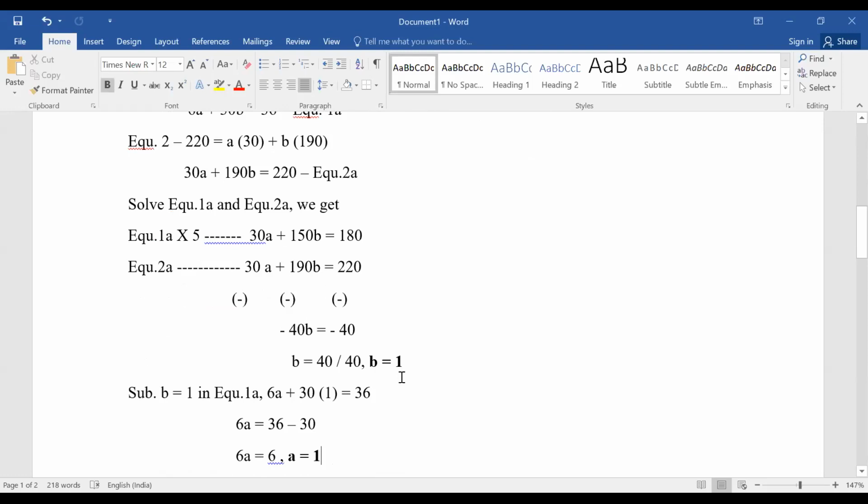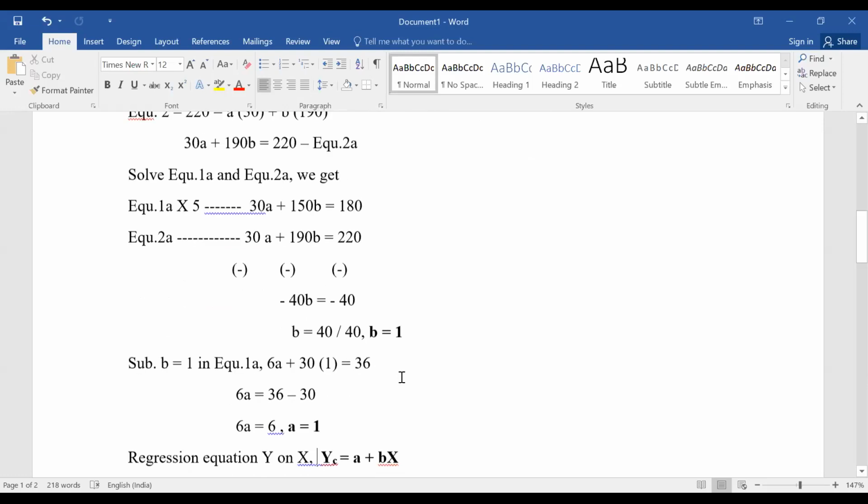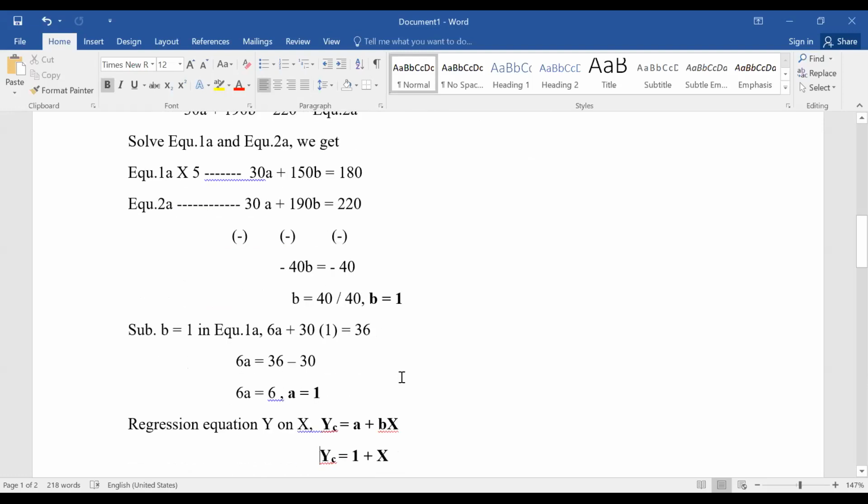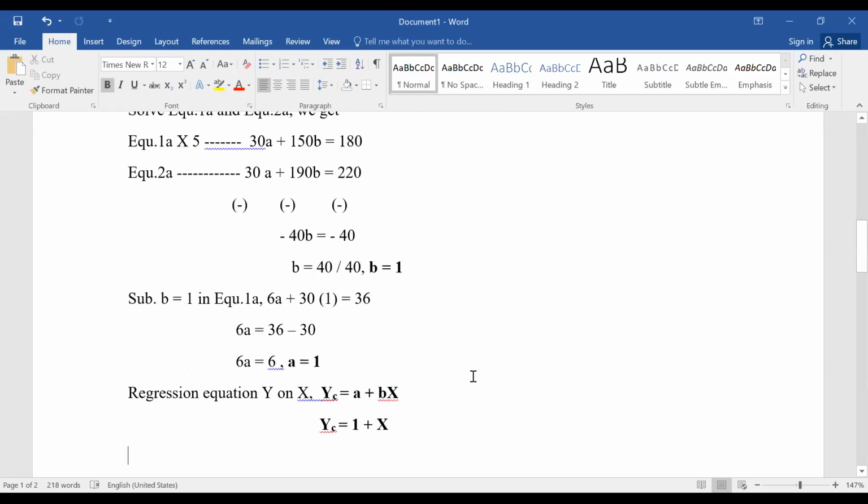And similarly now, what we can do? We can substitute into the regression of y on x. Okay, got it now? So this is the first equation. Everyone understood? And everyone copied?